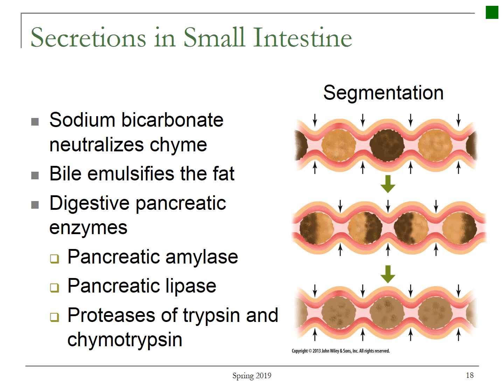Chyme is propelled through the small intestine by peristalsis. Segmentation then involves alternating contraction and relaxation of the circular muscles of the small intestine. This movement mixes the chyme with intestinal juices and brings it into contact with the surface of the intestinal mucosa.